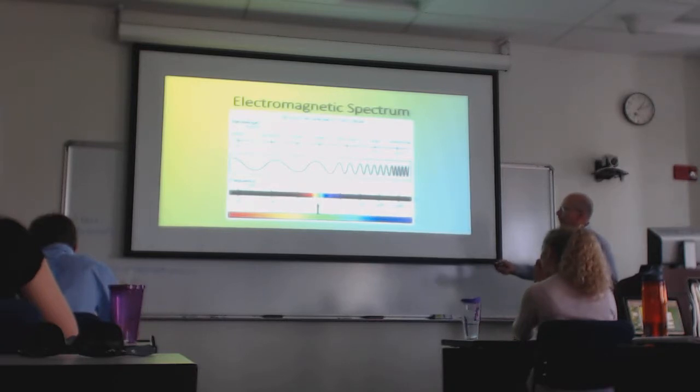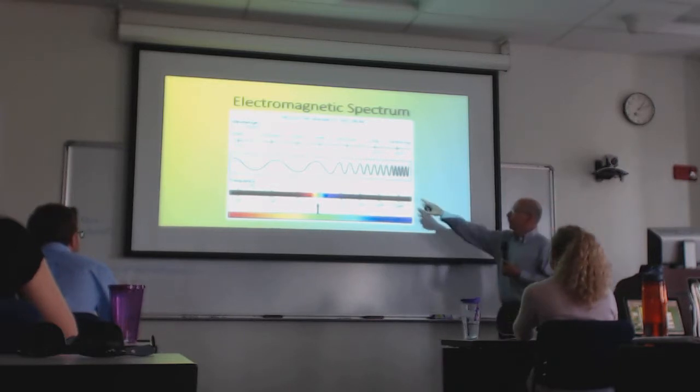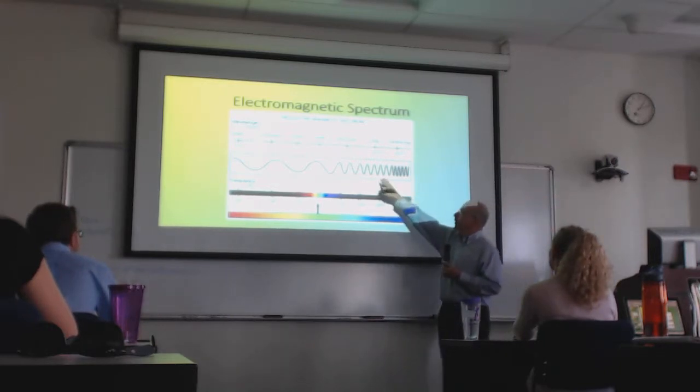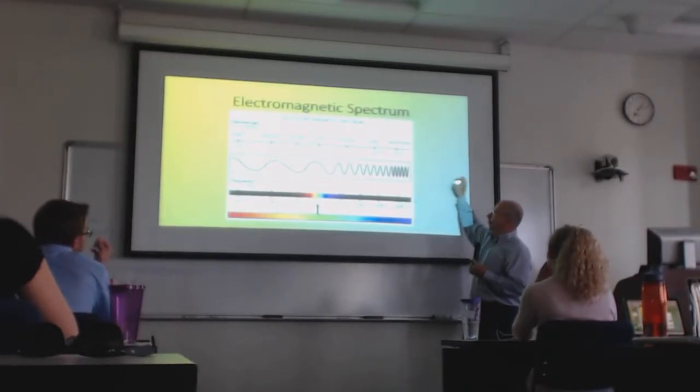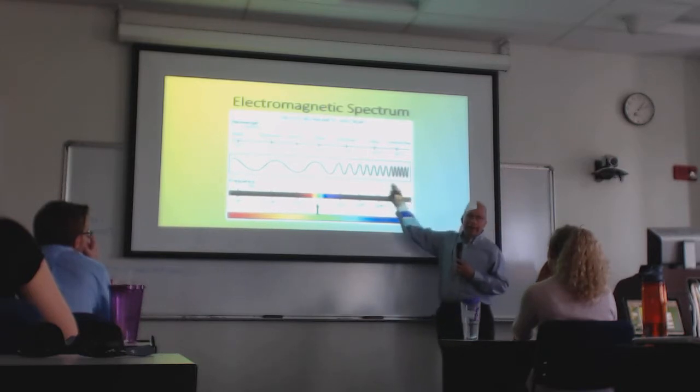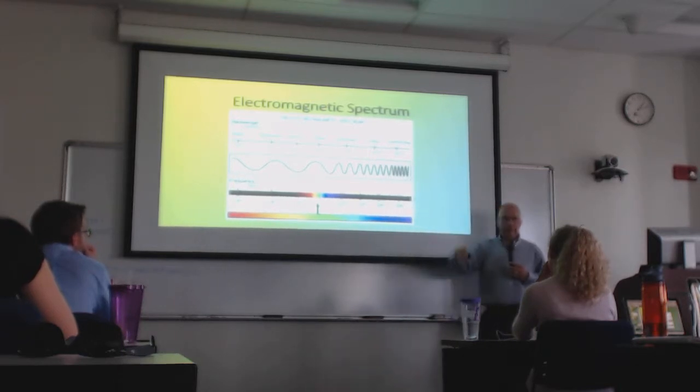Visible light is up in this area. And then as we get further into the ultraviolet, the X-ray spectrum, and the gamma ray spectrum, we're talking about higher and higher energies as wavelengths get shorter and shorter.